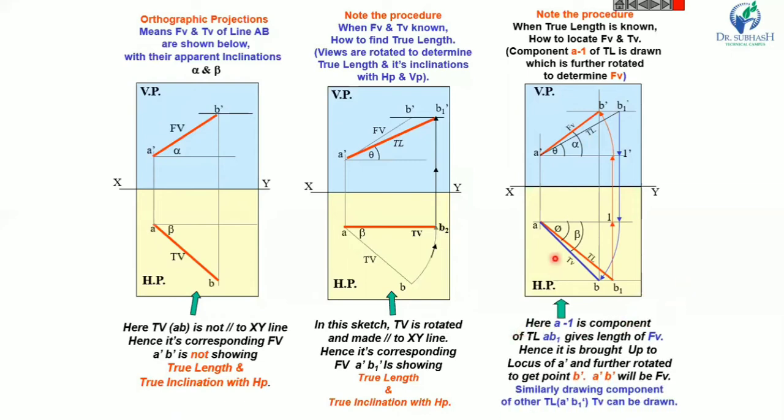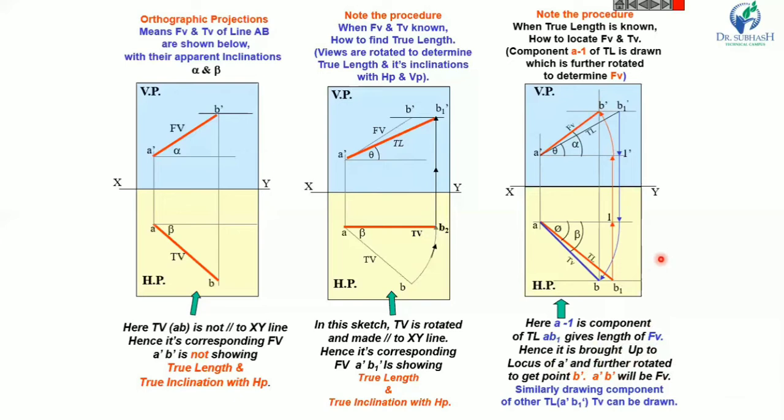Here this A1, the component of true length AB1, gives the length of the front view. Hence it is brought up to the locus of A dash and further rotated to get the point B dash. So A dash B dash will be the front view.